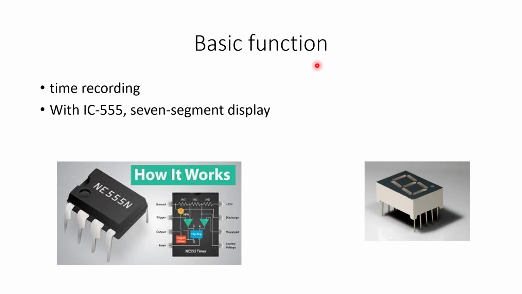We will wire the IC555 to our circuit and wire the 7-segment display to the IC. Because the output voltage will change with time, which will cause the IC to work differently, and will also cause the 7-segment display to show different numbers.